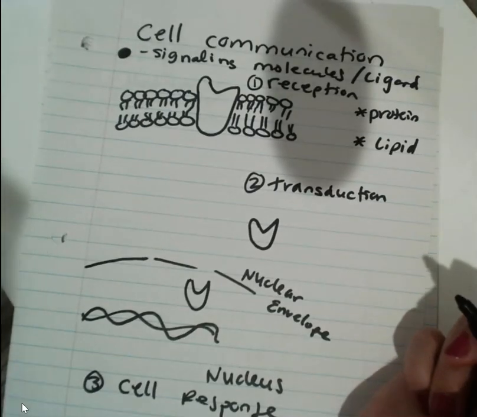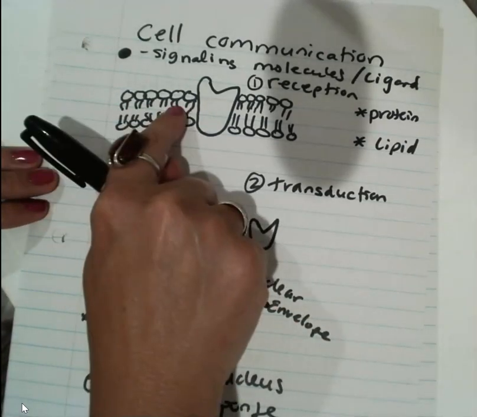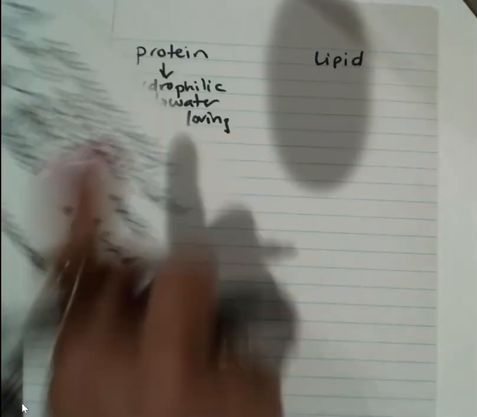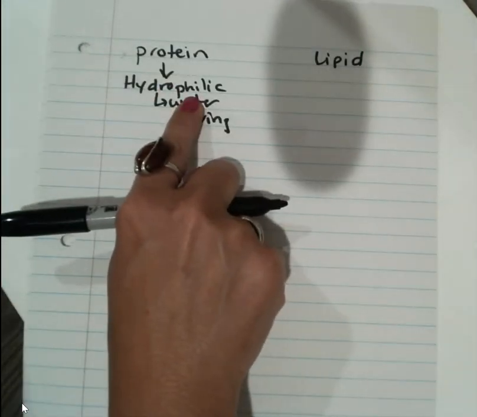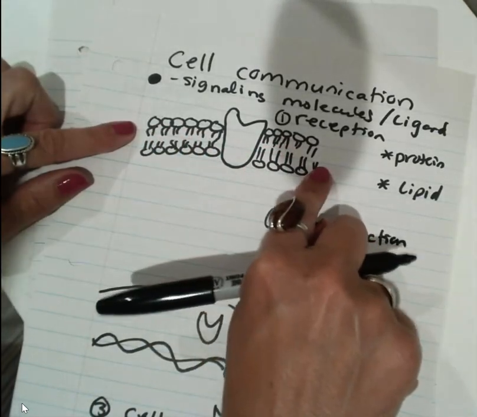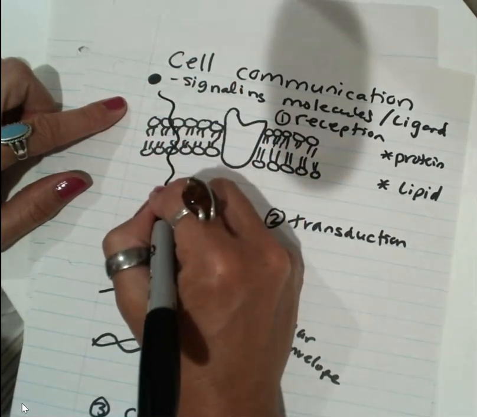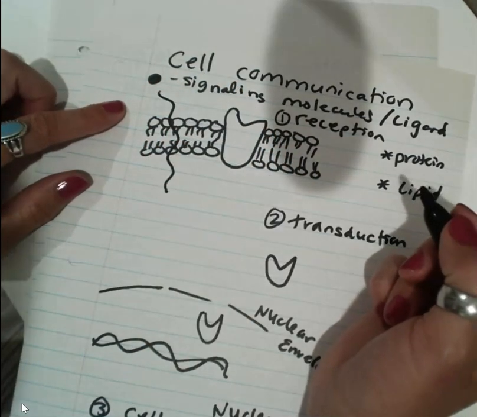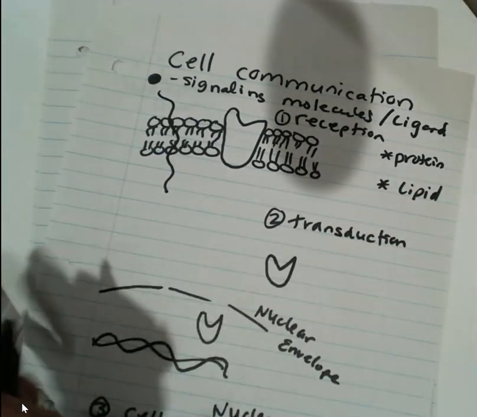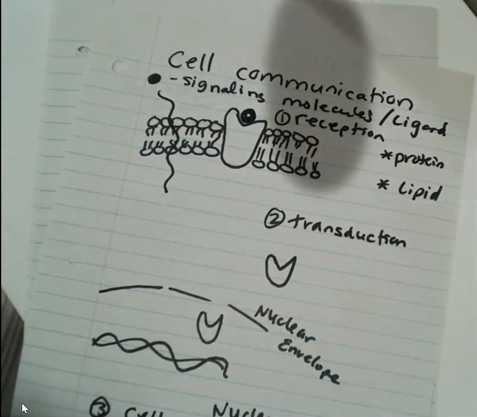So if a ligand is hydrophilic, it will not be able to cross through by diffusion through this nonpolar center, because hydrophilic is going to repel the nonpolar region of the cell membrane. Therefore, this ligand cannot diffuse through if it is a protein-based ligand. Therefore, in order for that ligand to actually communicate, it's going to attach to a protein receptor.